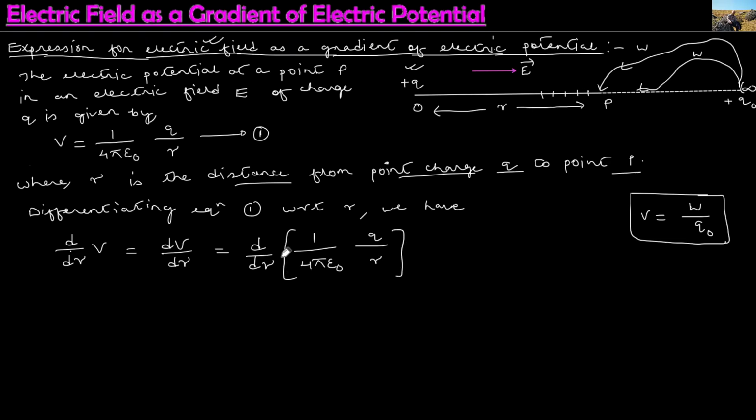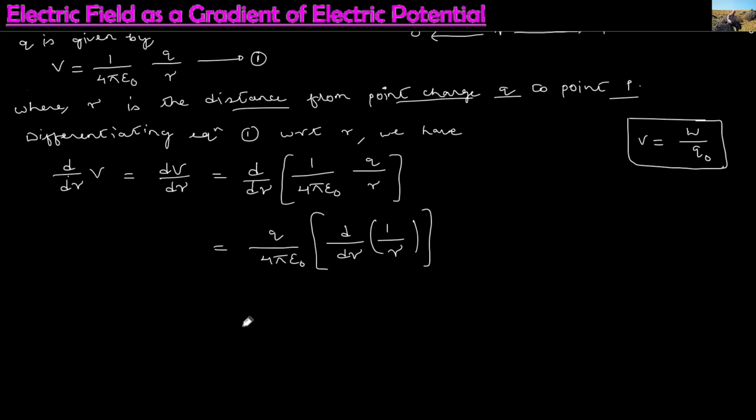When you look at the quantities within the bracket, Q and 4 pi epsilon naught are constants and independent of r. So we are left with differentiating only r, which gives 1 by r. So that is the differentiation. When we differentiate this term, we get some final steps.